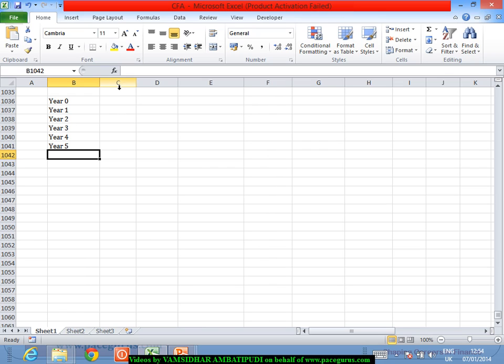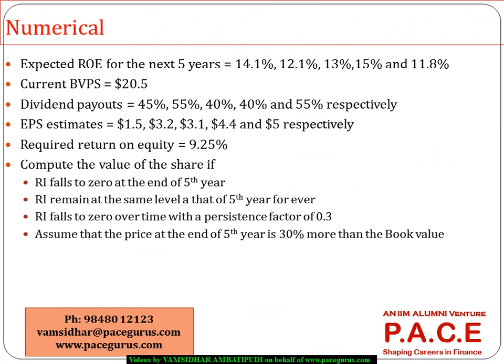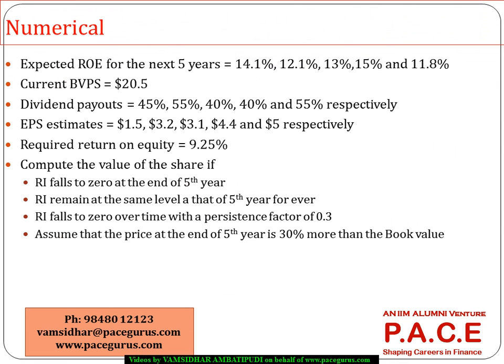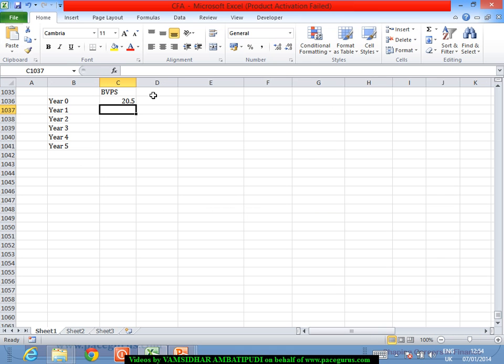So the book value per share, the BVPS, initially is around $20.5. Then we are talking about the EPS. So let me start with the EPS estimates. For the first year it is 1.5, then 3.2, then 3.1, 4.4 and 5. These are the EPS.